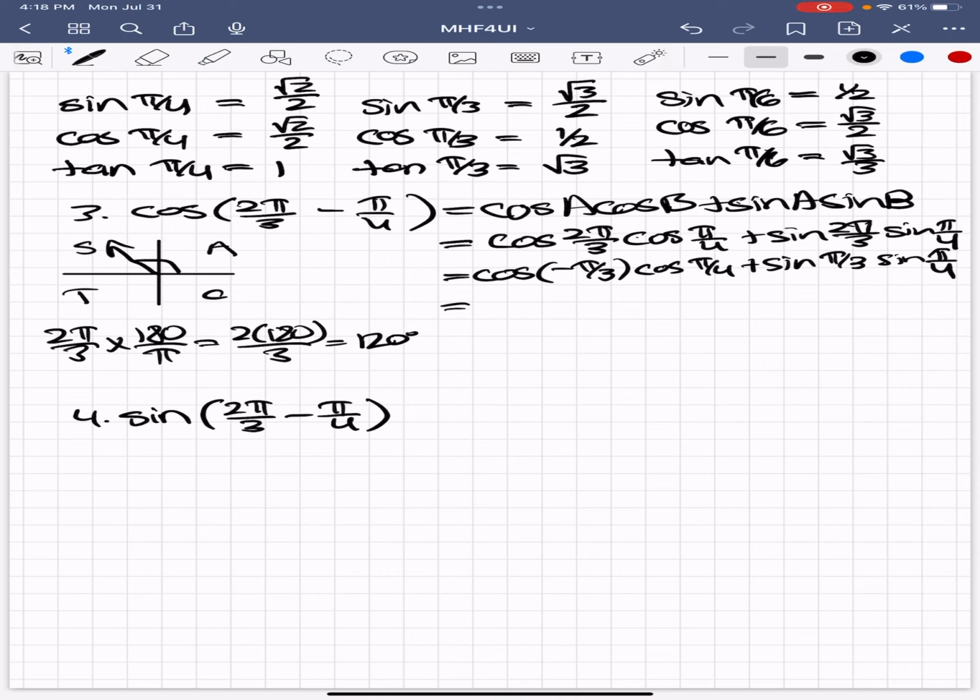If you didn't know, because it's in the second quadrant, only sine is positive in that quadrant.